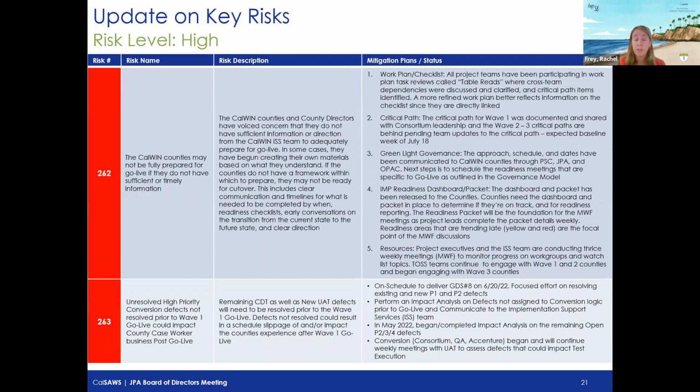So we are shoring up those efforts to make sure that we're also providing the knowledge, and if we need to take something back to get it from one of our respective teams, that turnaround time frame is quick, so that the counties can actually progress forward.